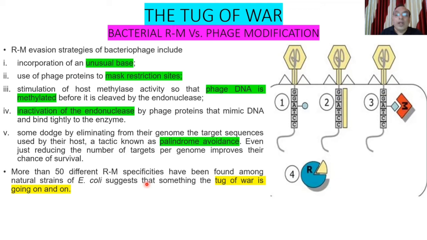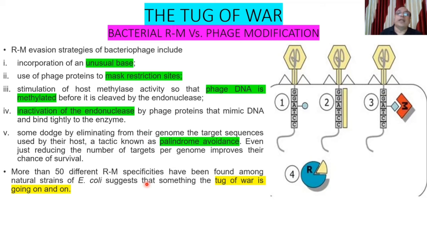So we have not come to the full stop, and if at all we come to the full stop, then the smarter bacteriophages will modify themselves, and the bacterium will have to face the consequences.